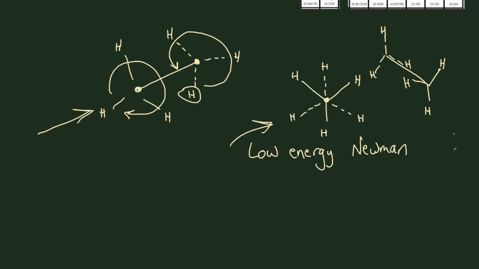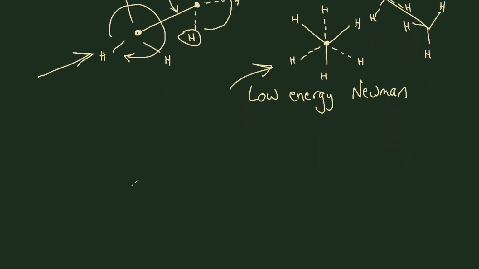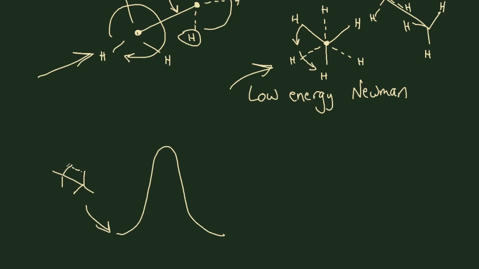So if I'm like having fun with this, you'll find that if I want to rotate this, like say I take one end and I decide to rotate it, the energy goes up and then back down every time I rotate a hydrogen past the other one like that. So this low energy space here is where you would have, I'll draw the projected version here, this kind of thing here where it doesn't really line up with anything else.